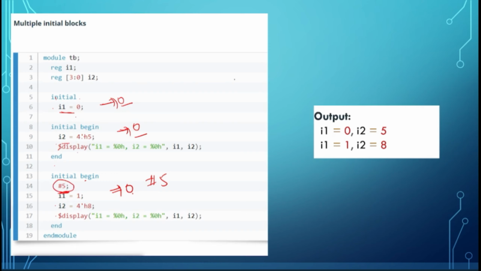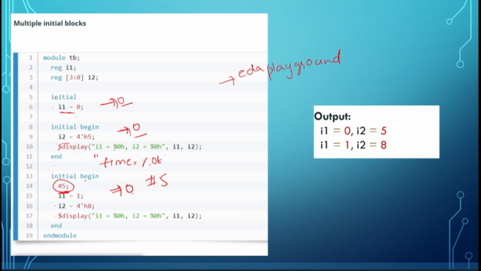Okay, so do one thing. If you are interested, try to execute this in EDA Playground. In order to see the time value, I think you know what to do. In order to see at what time it is being done, you just do a simple thing here, before I1 or after I2, anywhere, you insert time equal to percentage 0t.